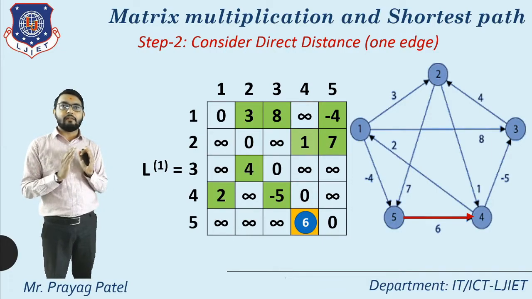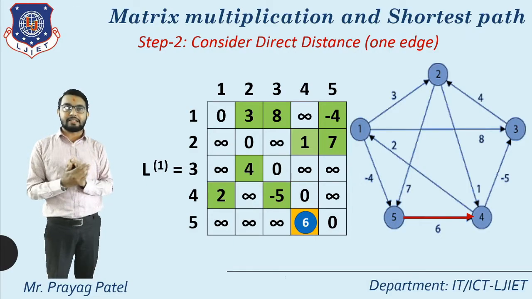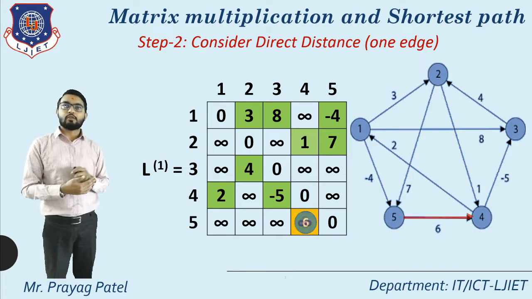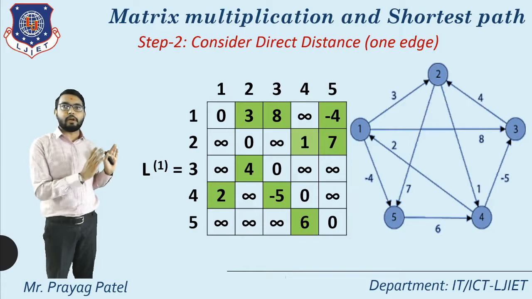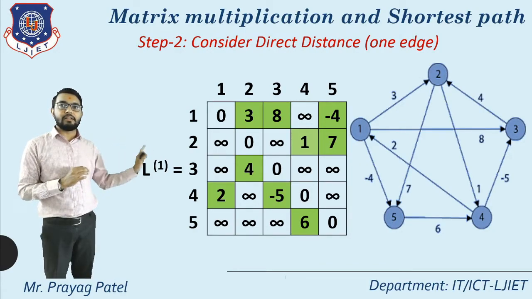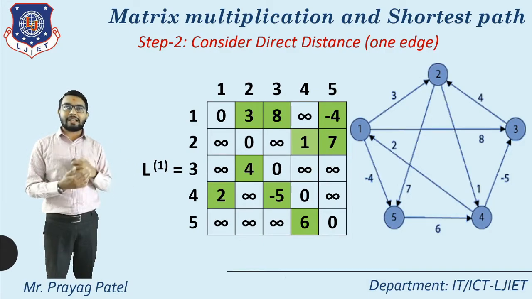Consider only one node, one edge, meaning here consider only direct distance and one edge as our selected edge. So here consider this table as a final table after step number 2. Meaning consider direct distance and consider this table as our final answer for direct distance. Now consider next step.